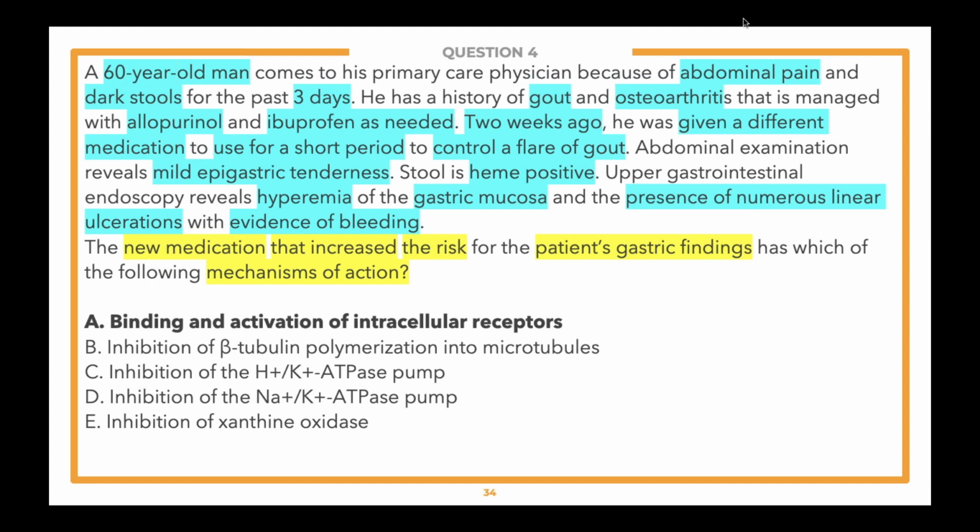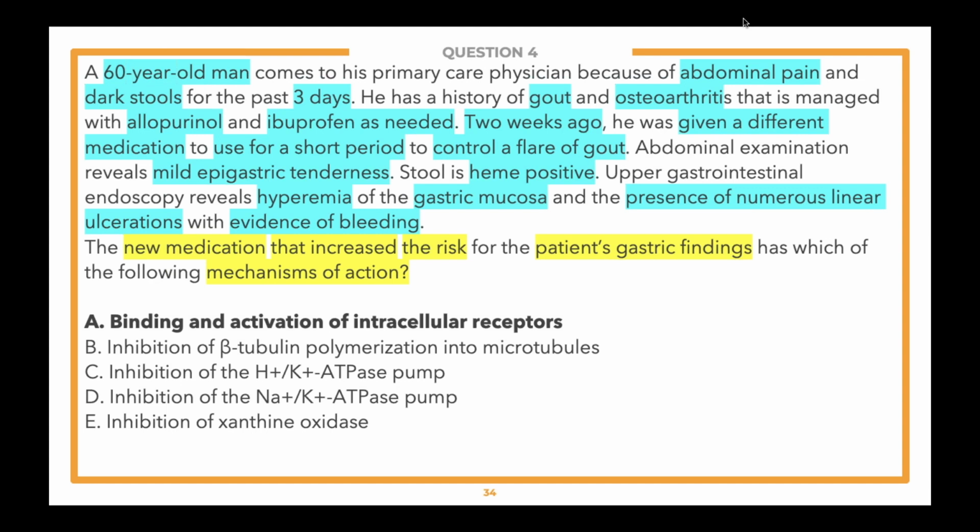There are often things that can cause gastritis, and we know that NSAIDs like ibuprofen are associated with that. And the effect of that is worsened with glucocorticoids, like prednisone. Now, sometimes we give prednisone for control of gout flares, for other acute issues as well.